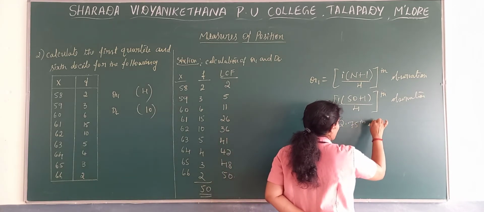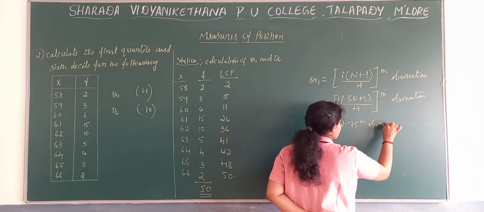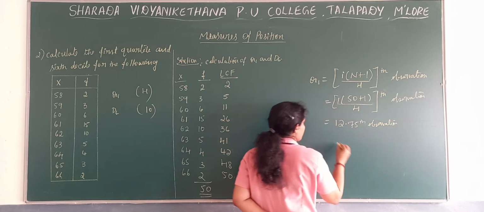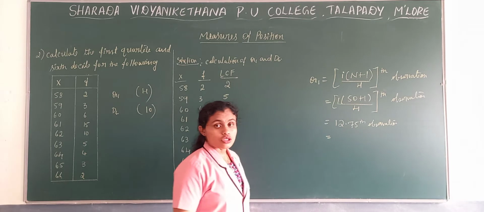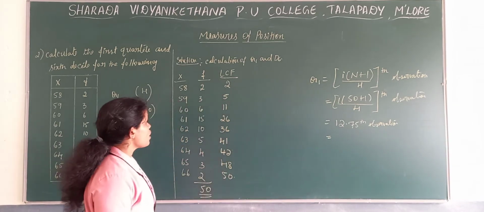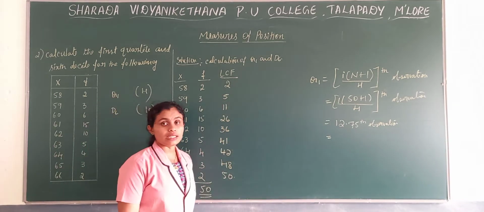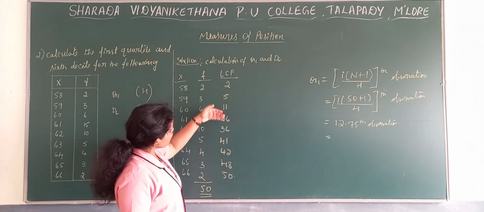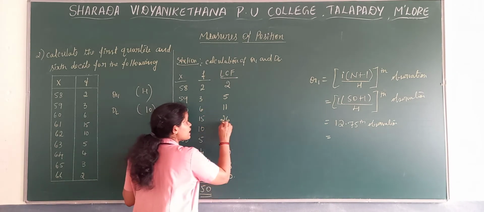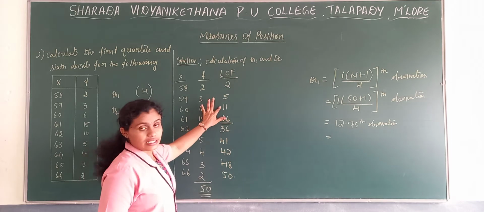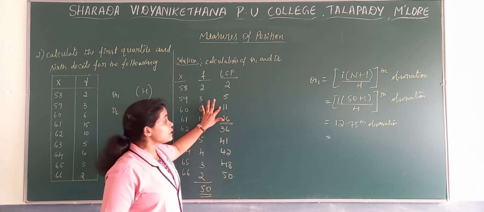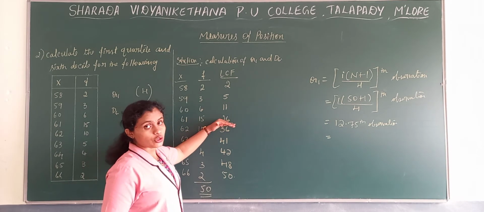So we get the 12.75th observation. Now see where 12.75 will fall in the LCF. It will not fall within 11; it will fall within 26.